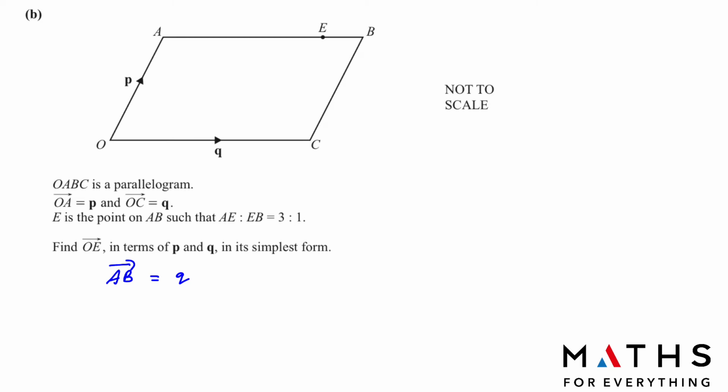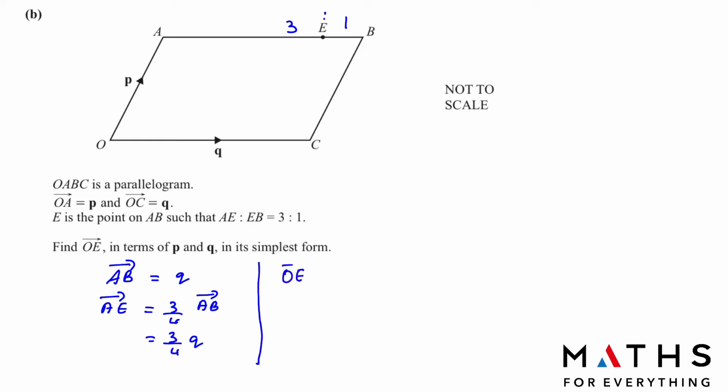AE and EB is in the ratio of 3:1. When you add the parts, 3 plus 1, you get 4. Therefore, AE is 3/4 of AB. What is AB? Q. So AE is 3/4 Q. Now we need to find OE.